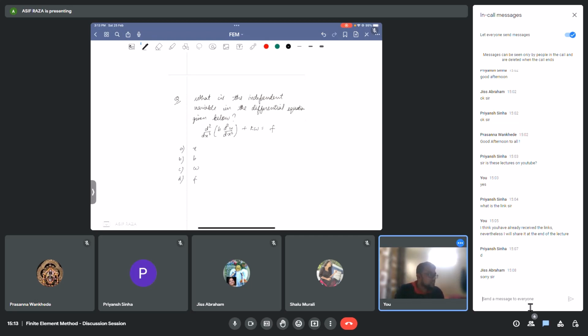Any guesses, please? I repeat the question: what is the independent variable in the differential equation given below? The differential equation is the second derivative of b times d square w by dx square plus k w equal to f. Options are x, b, w, f.